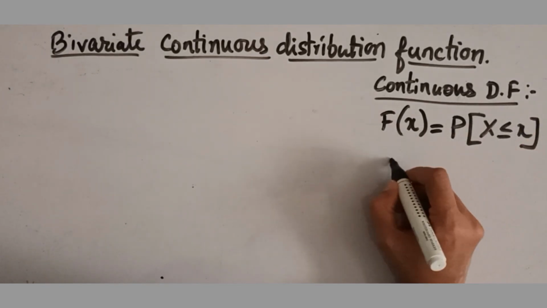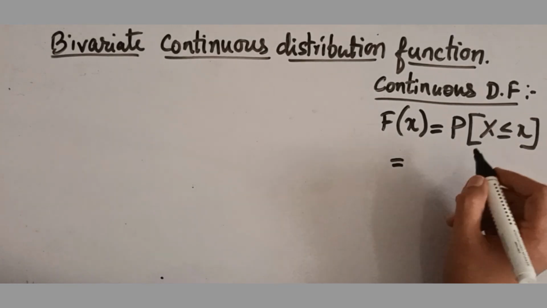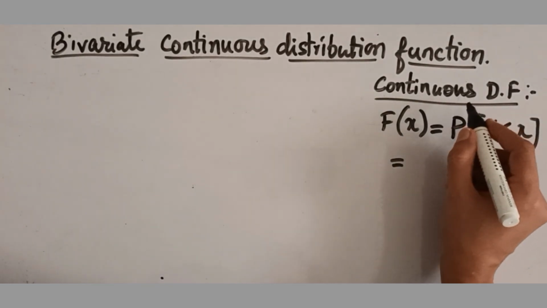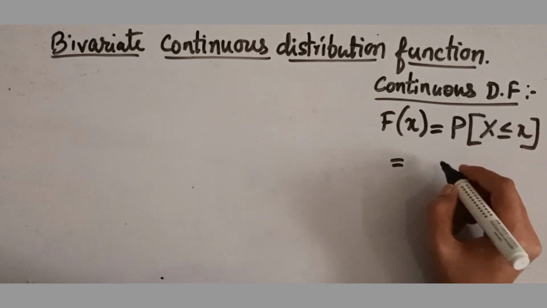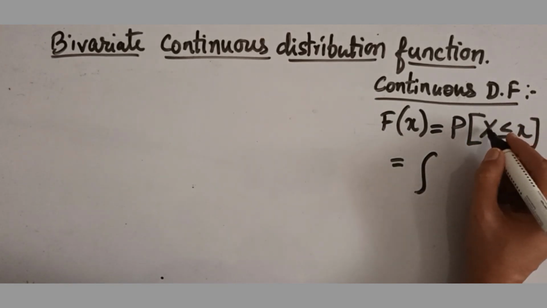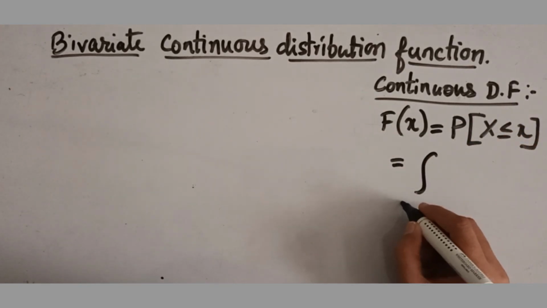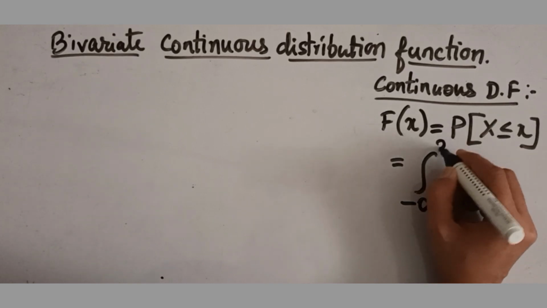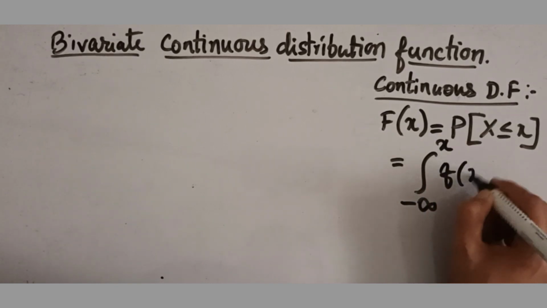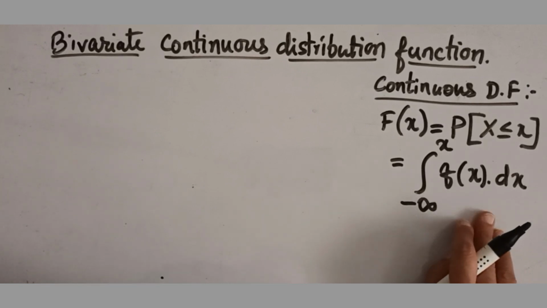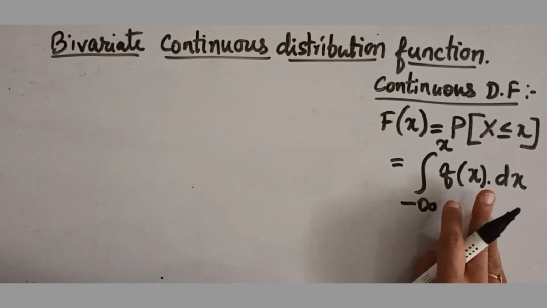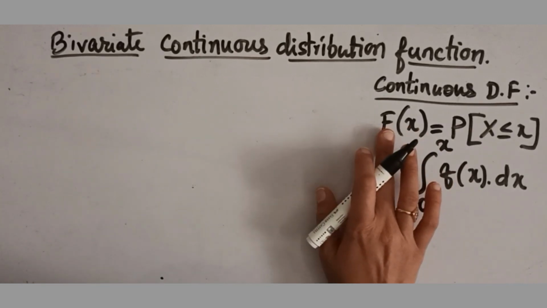Here we take the summation by integration because it is a continuous random variable; it takes all real values. Therefore, as per the definition, it is the integral from minus infinity to x of f of x dx. This is how the distribution function is defined for a one-dimensional random variable x.